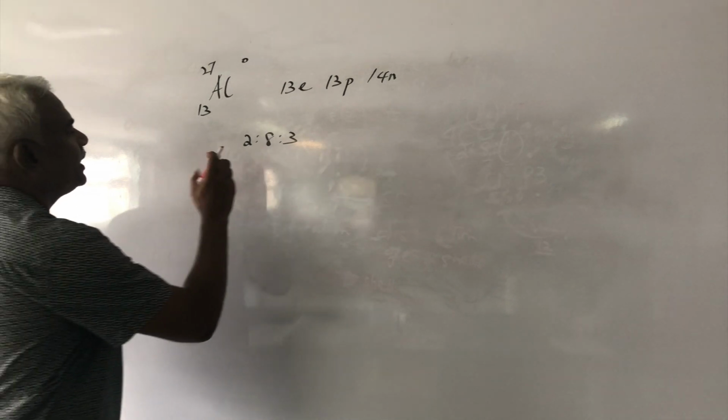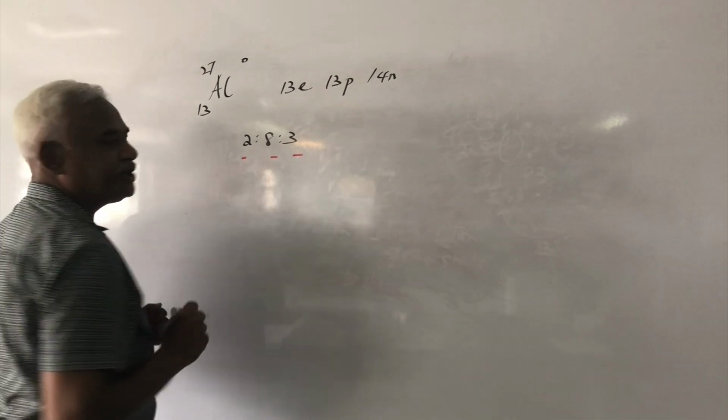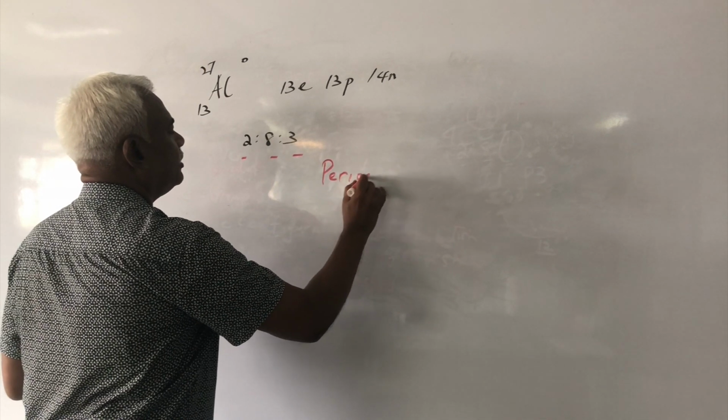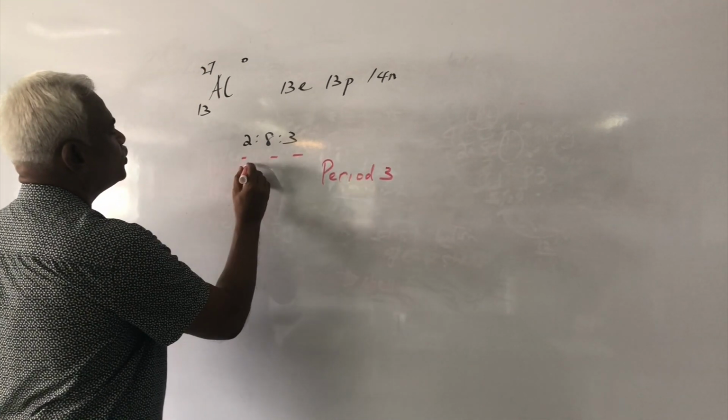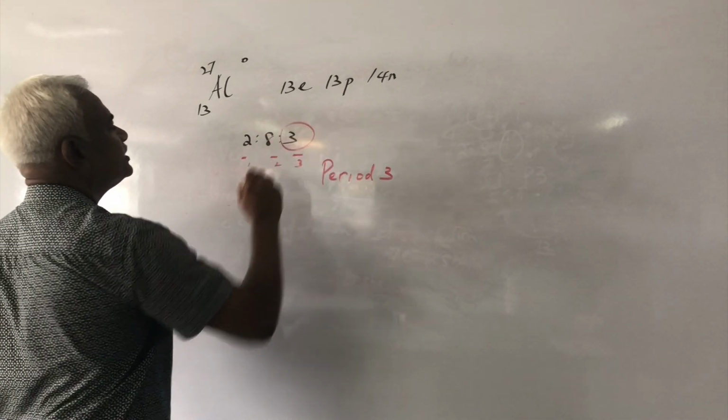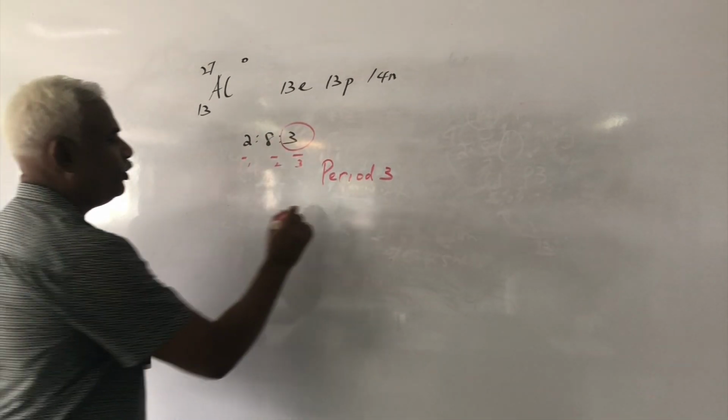Now let's see, I've used 3 shells. Therefore, period 3. 3 shells, 1, 2, 3, period 3. Number of electrons in the outer shell, 3. Therefore, group 3.